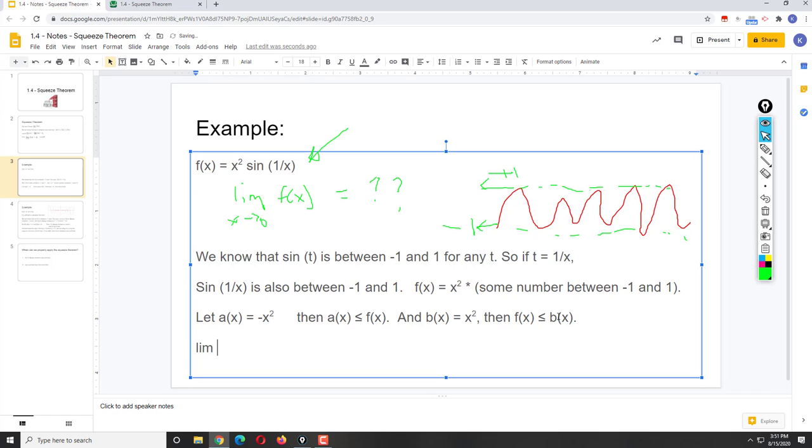Well, the limit of a of x as x approaches 0 is, we can plug in negative 0 squared, which is 0. Similarly, the limit as x approaches 0 of b of x is equal to positive 0 squared, which is also equal to 0.